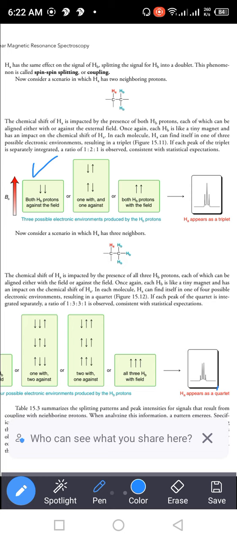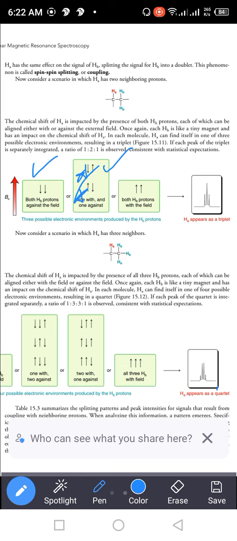And the other possibility is that one proton has the direction with respect to the external magnetic field, and the other proton has the opposite direction. In the second case, one proton has the direction with the external field and the other proton against it, so there are two possibilities here.